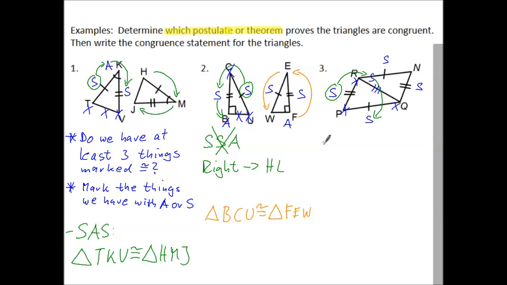And therefore we are using the side side side congruence postulate, and our triangle PQR. I'm going from P across the side with 1 mark to Q across the side with 3 marks to R. That triangle is congruent to the triangle NRQ.